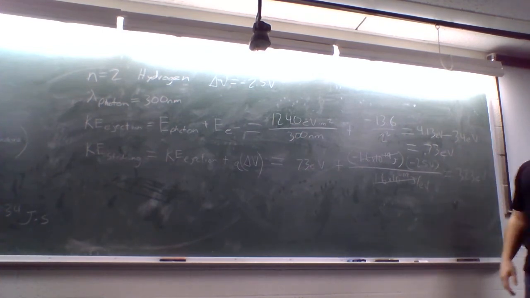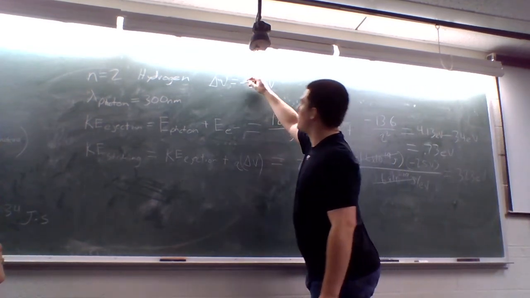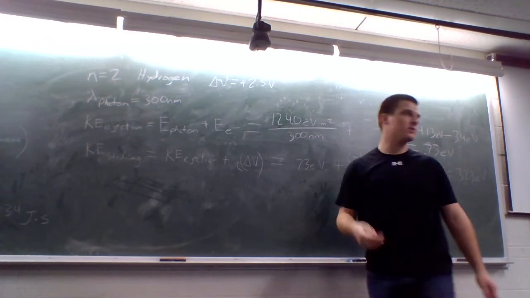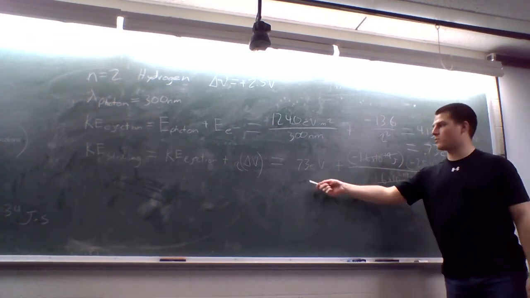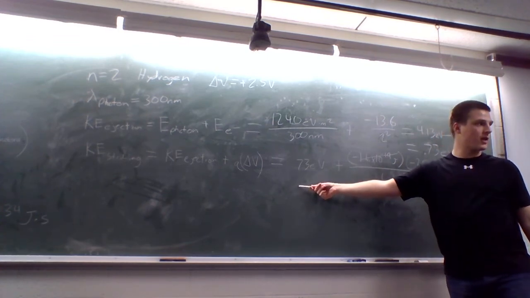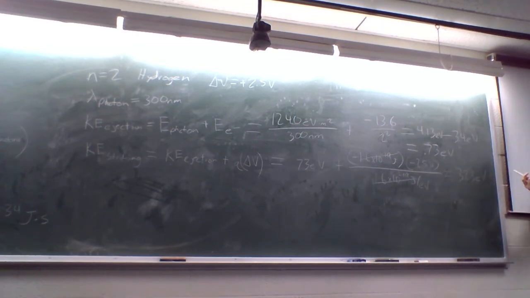He could then say it is opposed by a 2.5 volt potential, in which case it should be positive 2.5. In that case, this would become 5 electron volts minus 2.5, in which case you'd have 2.5 electron volts. So that's the other way you could do it. Otherwise, you would never strike the plate, and the question wouldn't make sense.